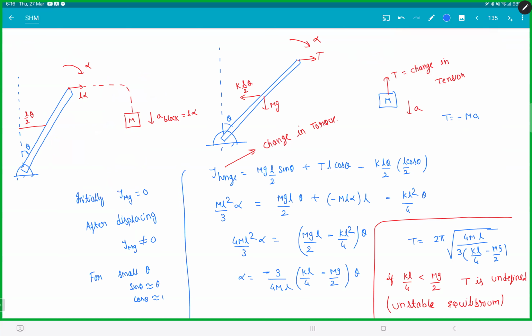Have a look at these equations, everyone. It's a good one. Tension is equal to MA minus ML alpha. Check out each and every step. Ask me if you're confused. Clear?